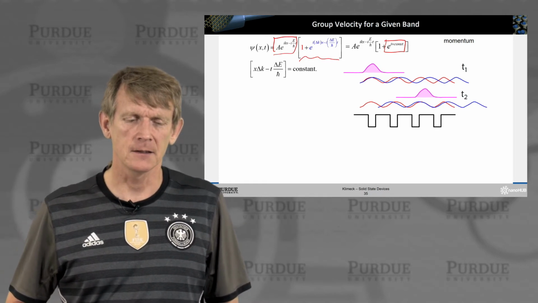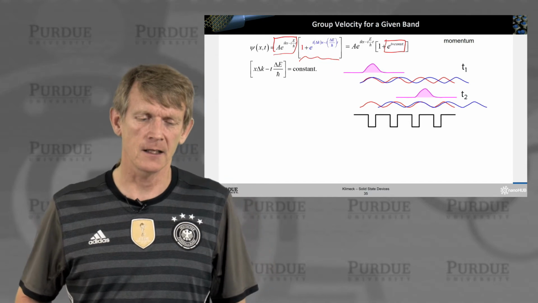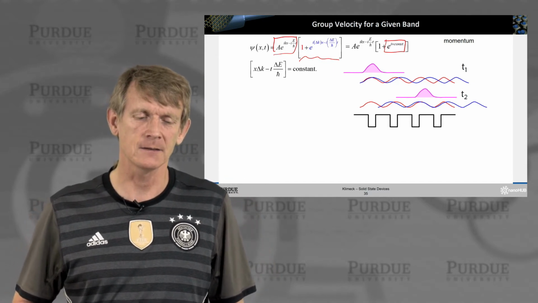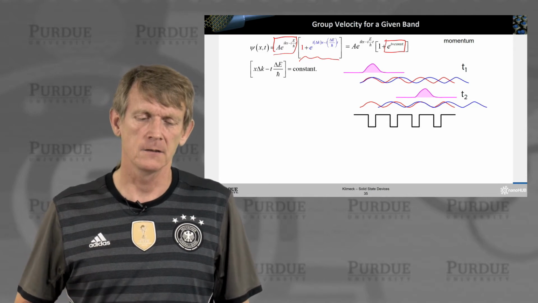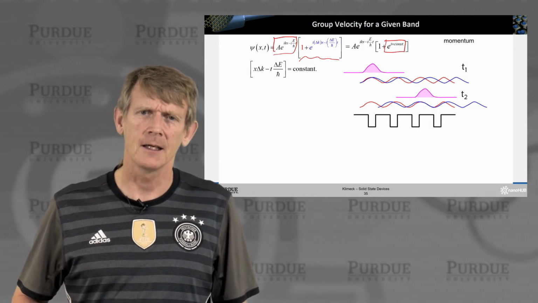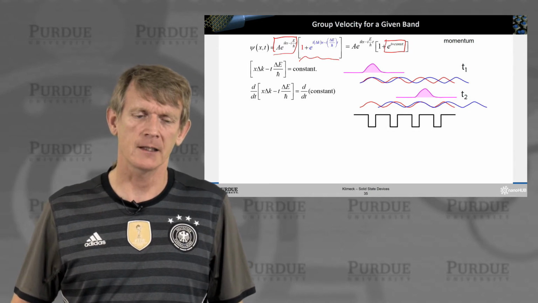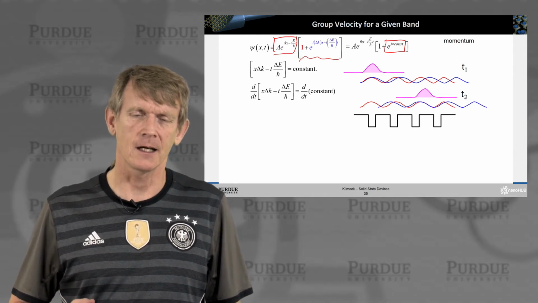So we're looking at this coefficient, delta k times delta x minus t delta E over h bar. And if that is forming a constant, that is how the package is propagating in time and in space.